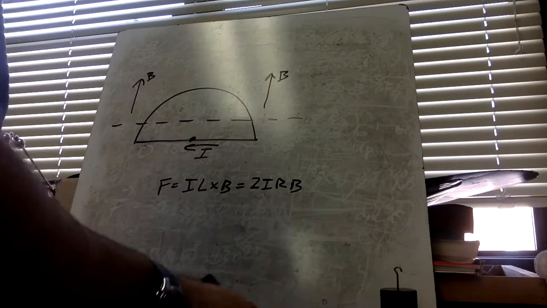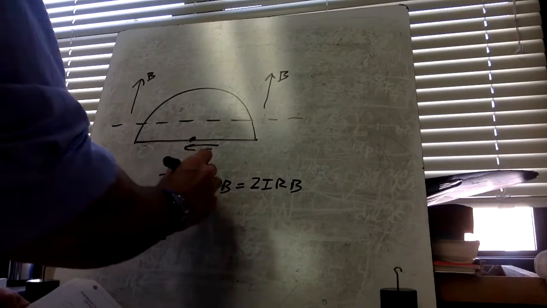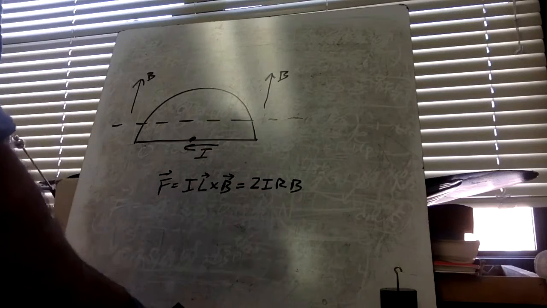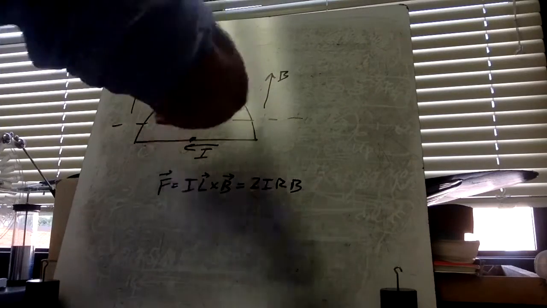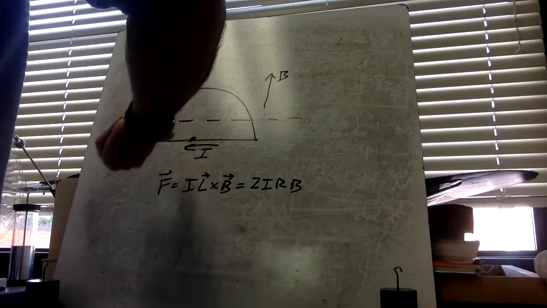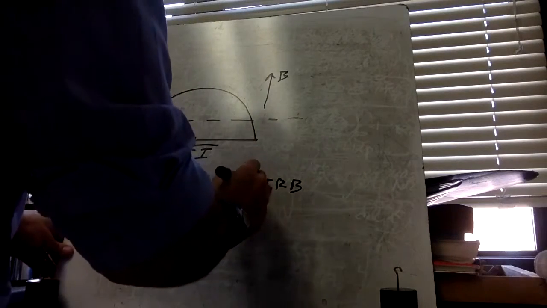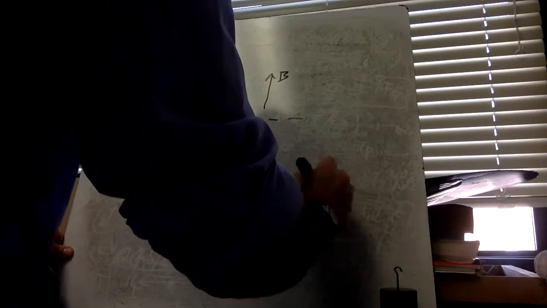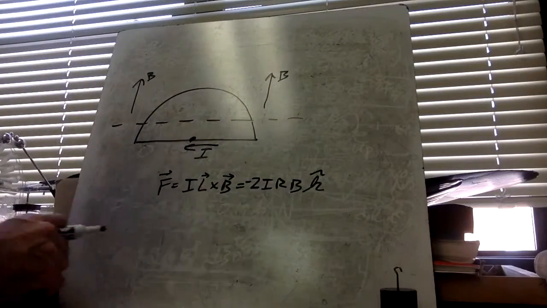And then what direction is this going to be as a vector? Well, current is this way, magnetic field is up, so this is into the board, so it's going to be negative 2IRB in the k direction.